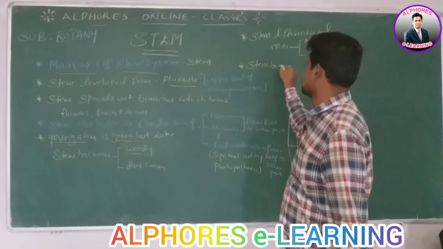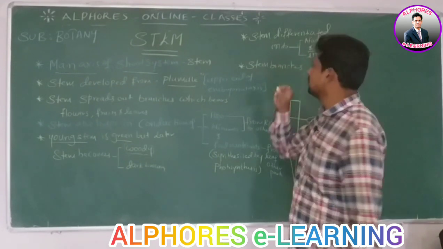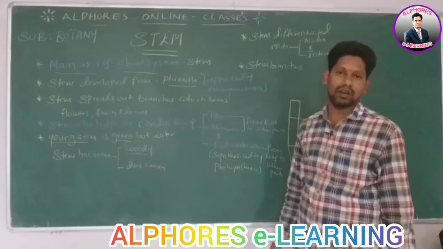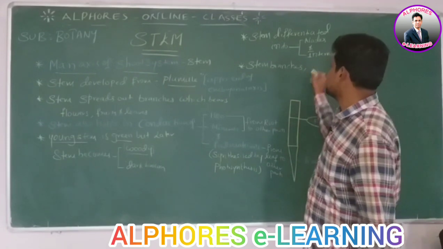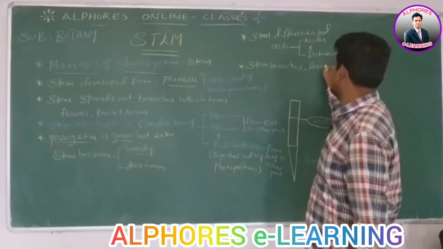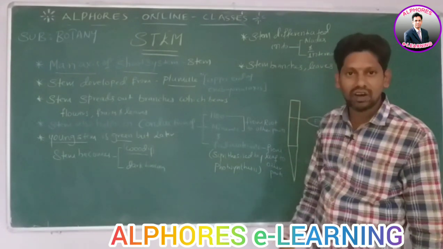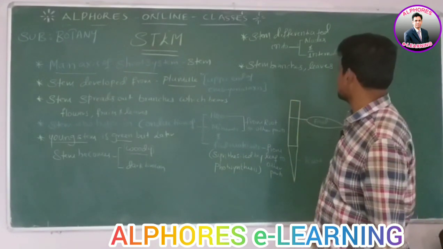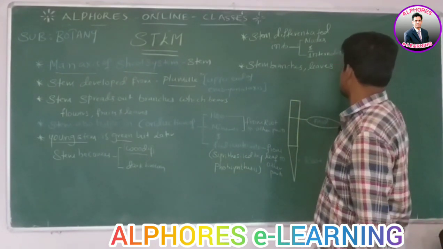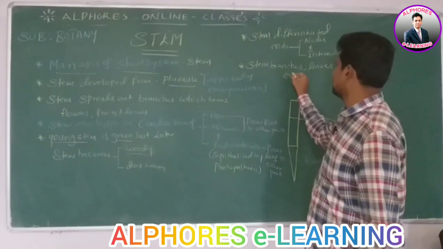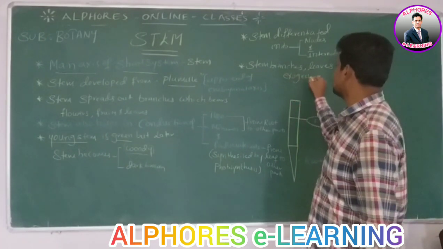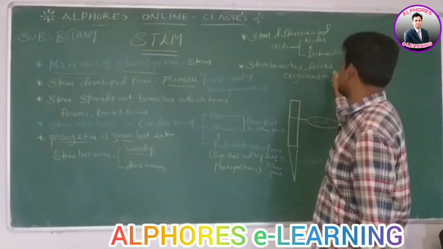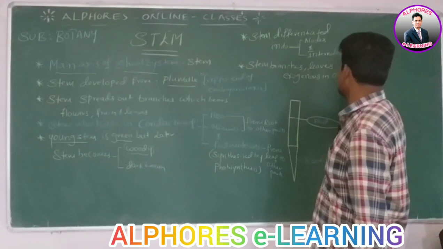Stem branches are what in origin? Exogenous in origin. Similarly, leaves are also exogenous in origin.